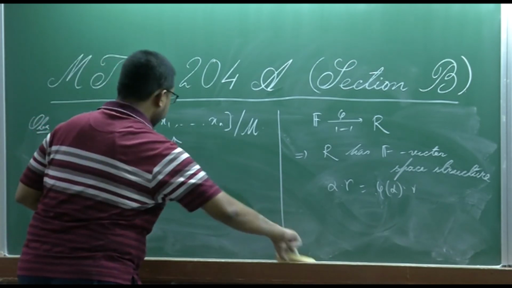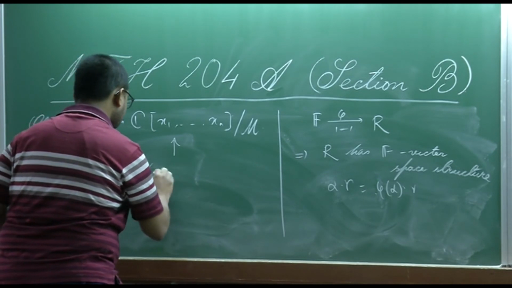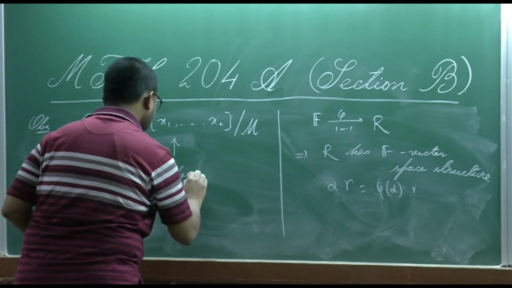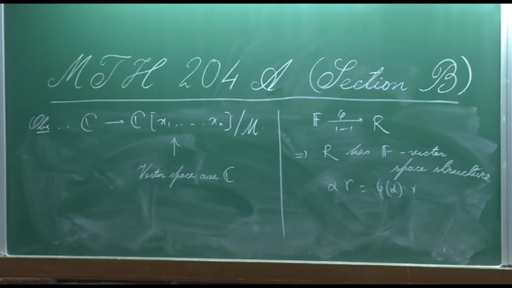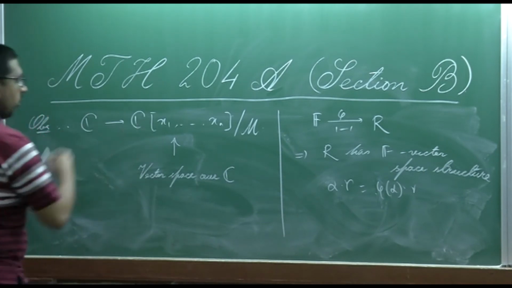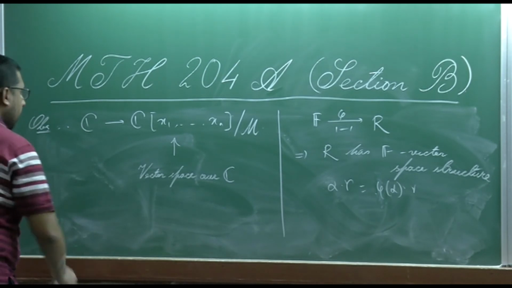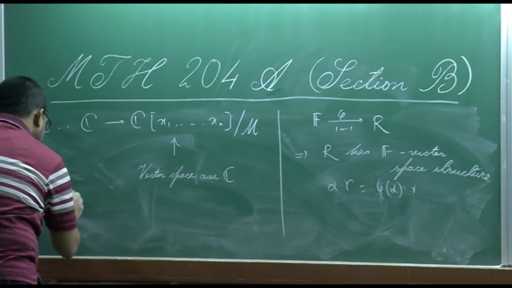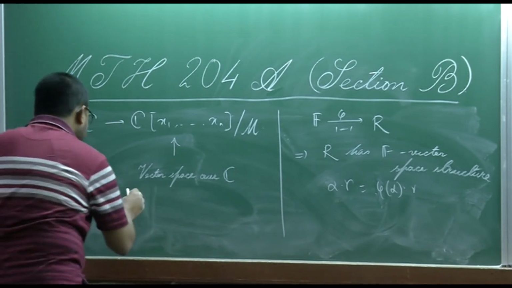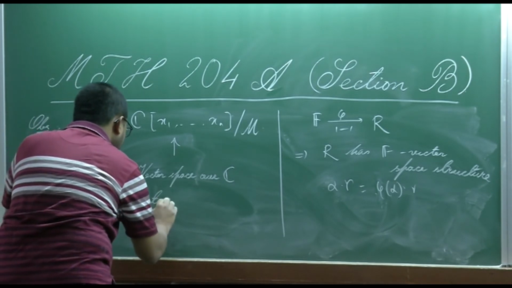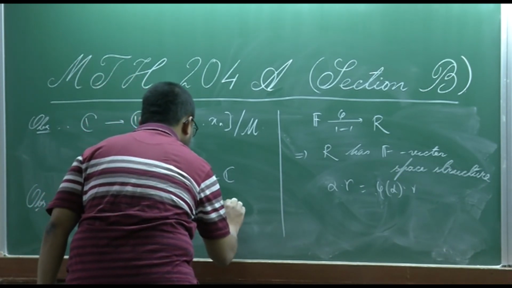So, in view of this, we can now regard this as a vector space over C. So, a complex vector space, and this is countably generated because there is a countable spanning set of this vector space.